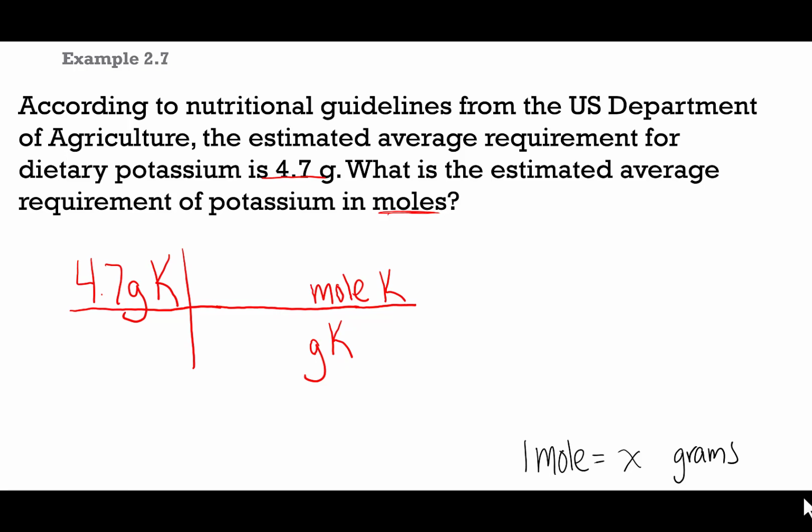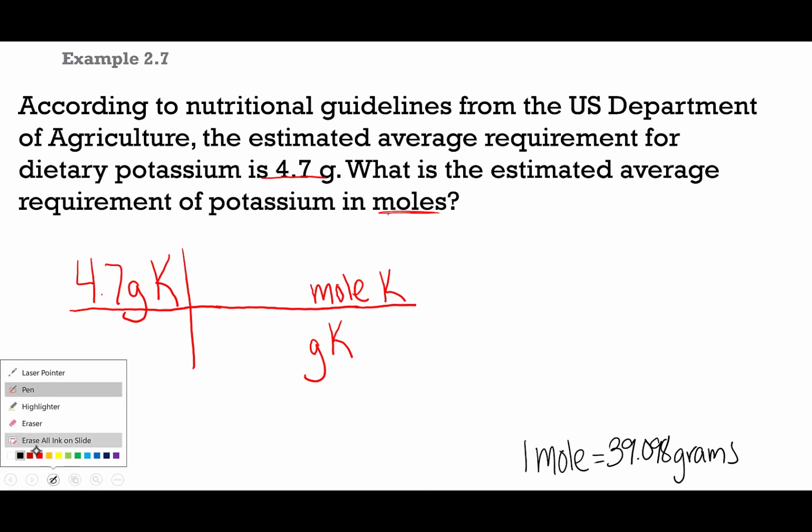I look at the number on the very bottom, and I see that the molar mass of potassium is 39.098. So that is the equality that is applicable to this problem because we're talking about potassium.